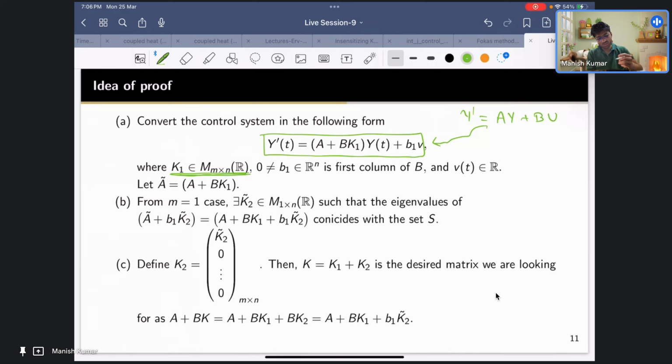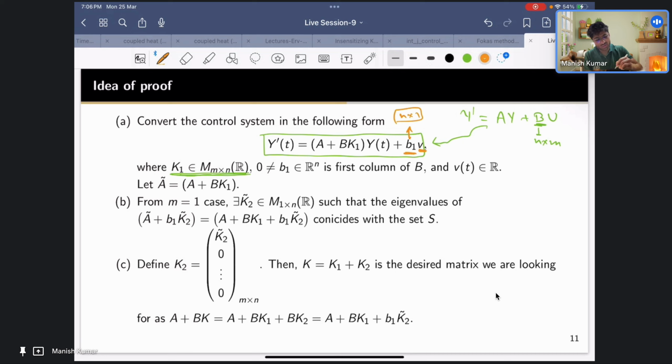Basically what you are doing here is just shifting. This was an n cross m matrix, now this has gone into this expression. So now the control is this v, and this b1 is some n cross 1. So this is the change, that the control operator has now changed. So you are considering this control operator.